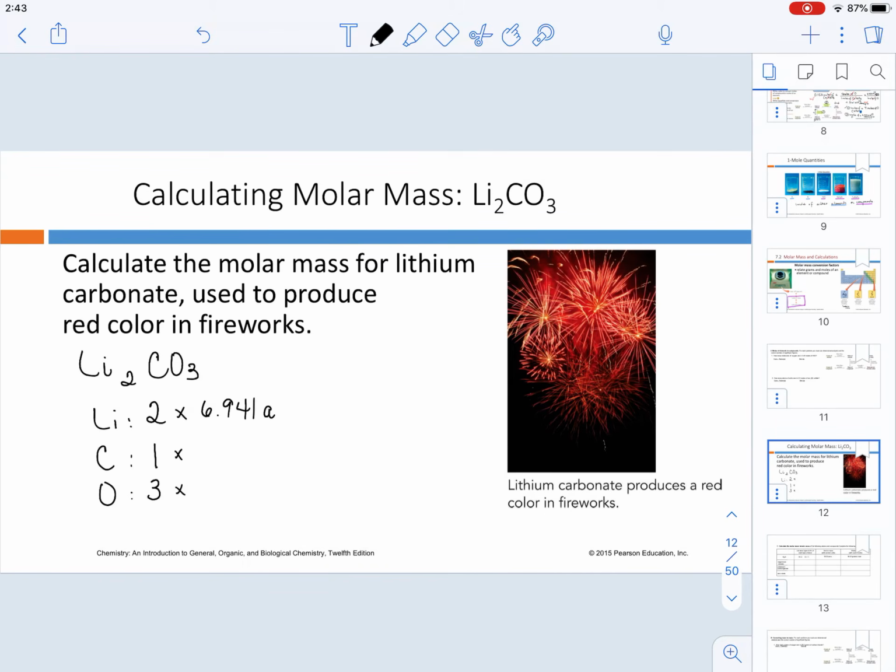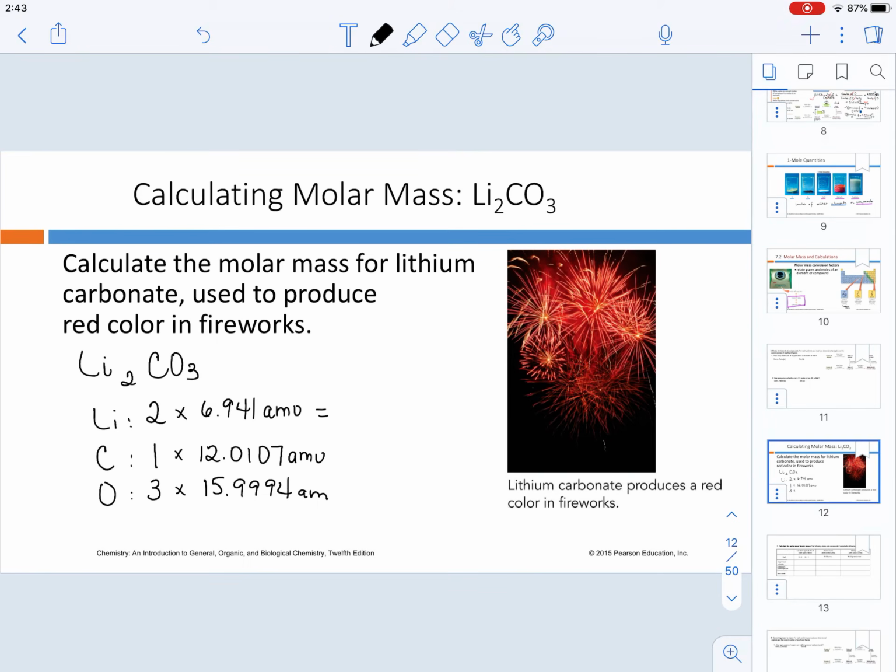So for lithium, the mass of it is going to be 6.941 AMU, for atomic mass unit. For carbon, we have 12.0107 AMU. And lastly, for oxygen, we have 15.9994 AMU.